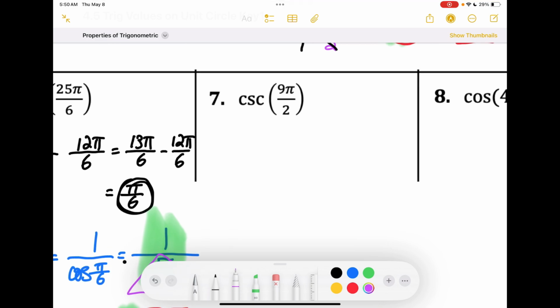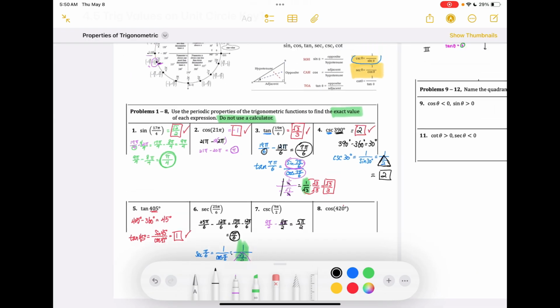Again, fraction. Do not be scared about fractions. So 9 pi over 2, there's no way. I do not see that on my unit circle. So I need to minus 2 pi. Because when you've been doing that so many times, you know the denominator is a 2. So therefore, 2 pi times 2 becomes 4 pi. So when I get this, I get 5 pi over 2.